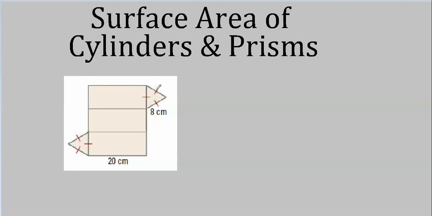We have a triangle at this end. We're going to need 3 rectangles to connect them. One to connect this side to this side, and one to connect this side to this side. And of course this one right here, which is going to connect this part to this side.